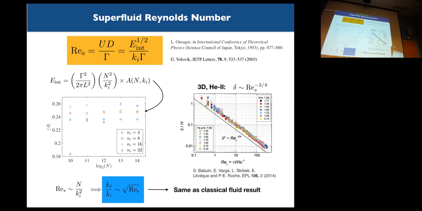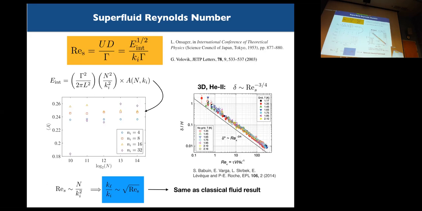If you calculate this energy for a range of the delta function initial conditions we looked at, it's essentially constant. There's no real clear trend here. As long as you have many vortices in each cluster, it doesn't change very much, and it's roughly a quarter.